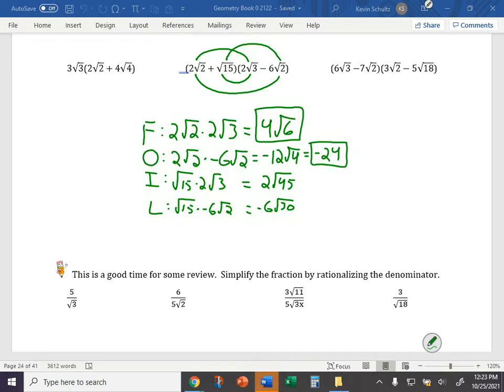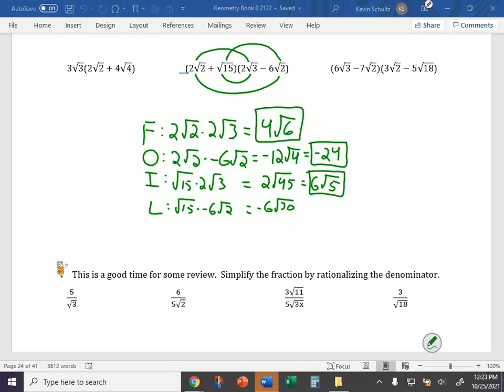What does that become? Think of that 45. What's the perfect square factor? It's root 9 times root 5, but that root 9 becomes a 3, right? So it'd be 2 times 3 for 6, and then root 5. And that one's done.